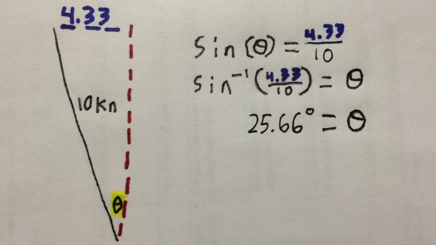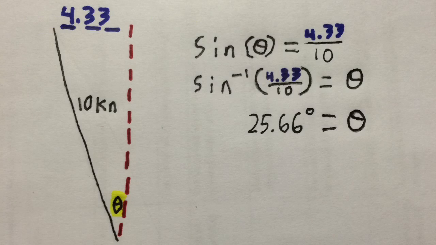During our next step, we will need to figure out the heading that we need to go in order to remain heading due north despite the current. In order to do this, our hypotenuse is 10 knots, the speed at which our boat is traveling. Meanwhile, our opposite side is 4.33 knots, the speed at which the current is moving us from left to right.